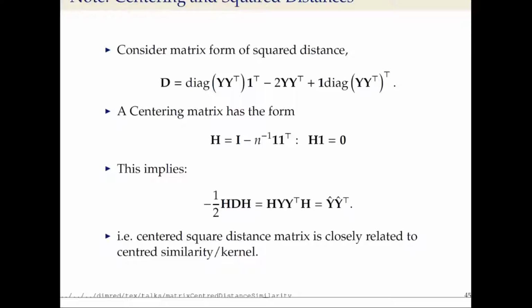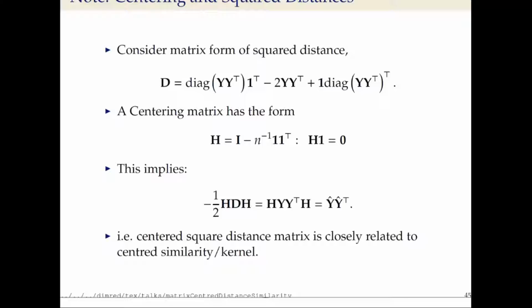So now we have to do a matrix form of the squared distance. The squared distance matrix is of this form. Diagonal of Y transpose, that's me using matrix work to extract elements that are y_i squareds, and then multiplied by 1 transpose. So you've got a row vector of y_i squareds being dropped down like that, and conversely a column.